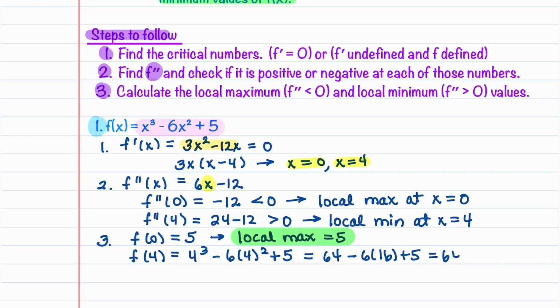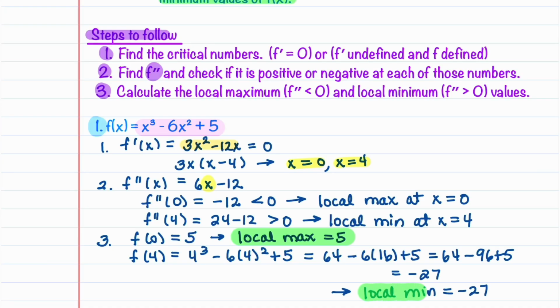So let's see, 64 minus 96 plus 5, that is actually minus 27. So that tells us we have a local min equal to minus 27, and that occurs where x is equal to 4.